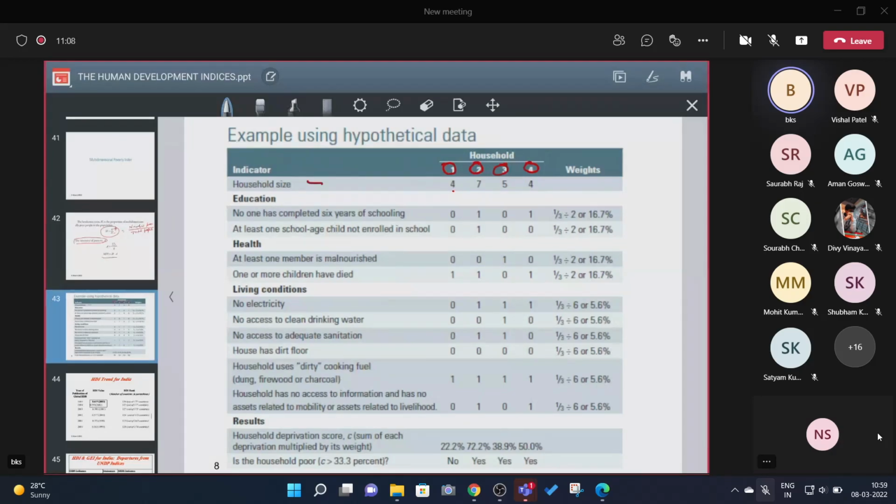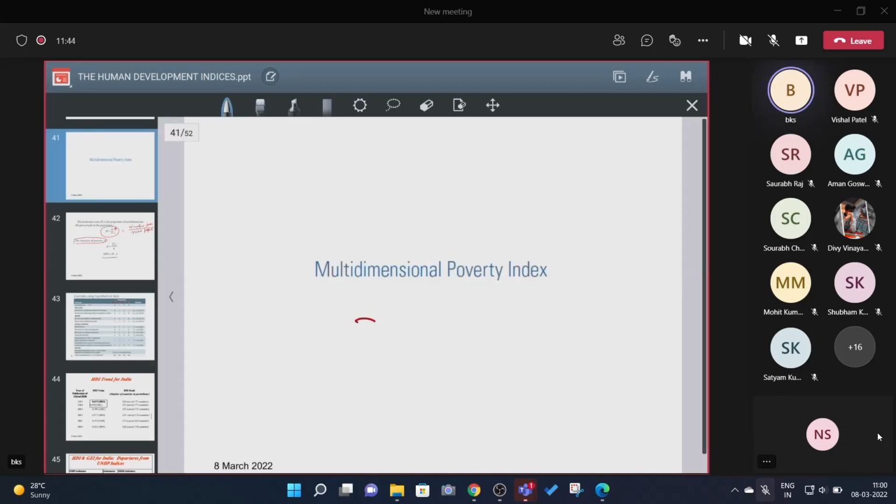In household 1, we have 4 members. In household 2, we have 7 members, and so forth. In the MPI, we have also the same 3 dimensions. The indicators we use in MPI, that is the multi-dimensional poverty index, are what we call deprivations rather than achievements.